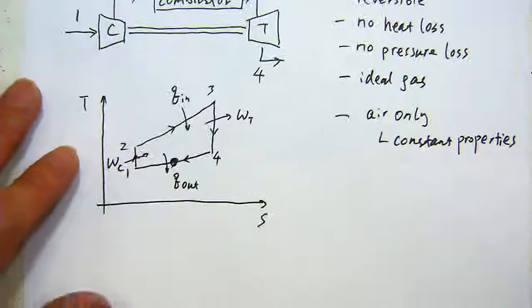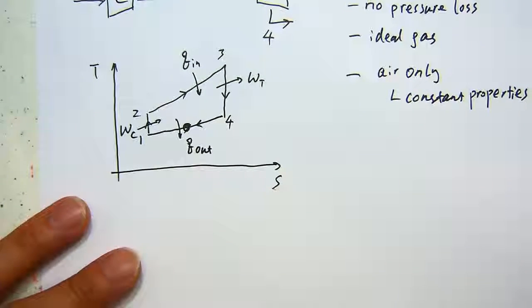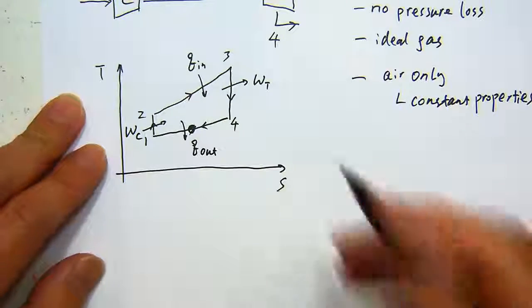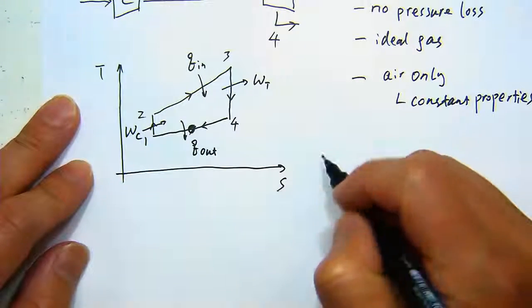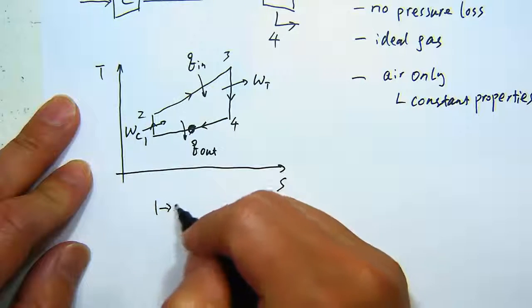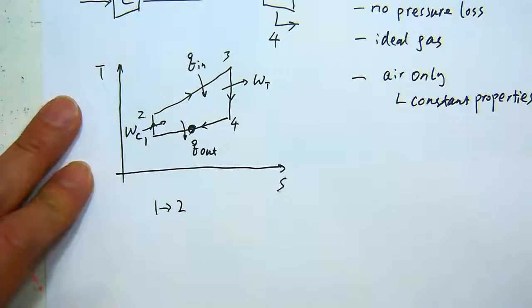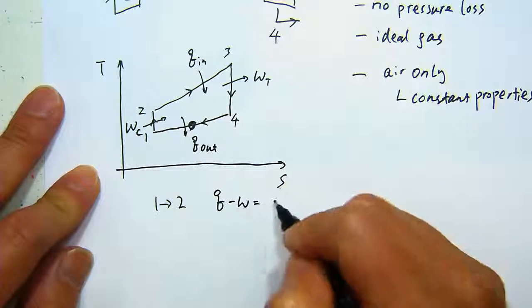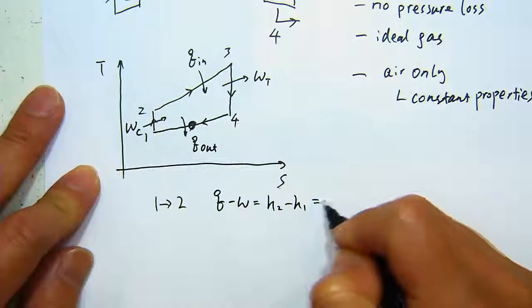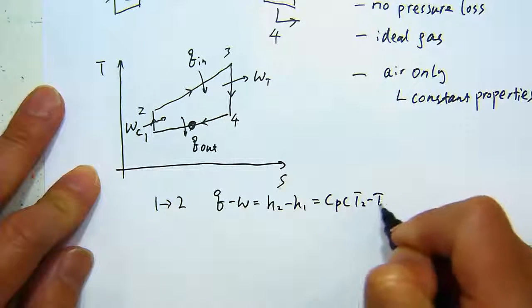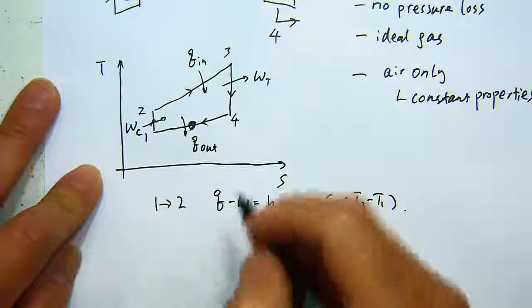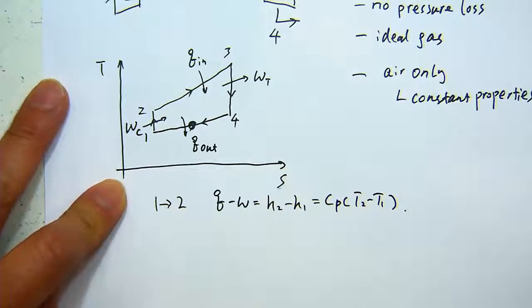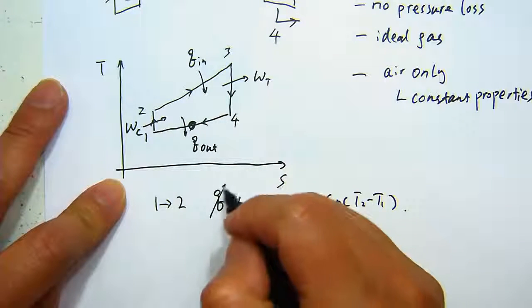So we derived the compressor work, for the first step, from the last lecture. So from 1 to 2, if we apply the first law, and because we consider the isentropic process, by definition an adiabatic process, the heat term goes to 0.